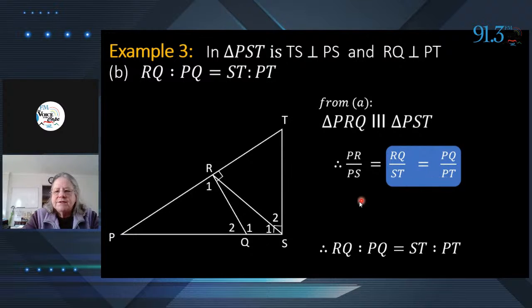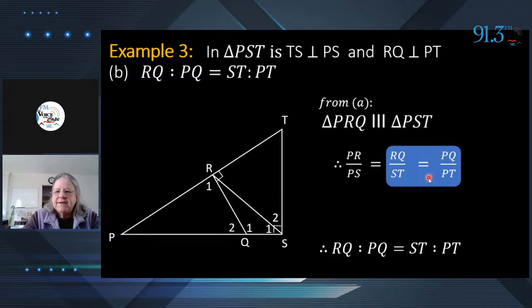Now from this, we need to match. So we look at our question and we see there's an RQ in the question, there's a PQ in the question, there's an ST in the question, and a PT. So we only need this blue shaded part to get to our answer.